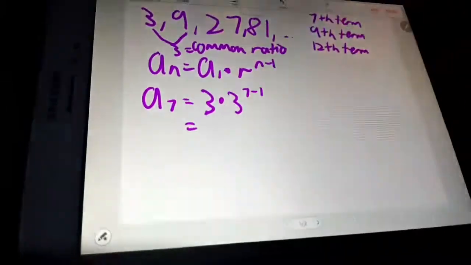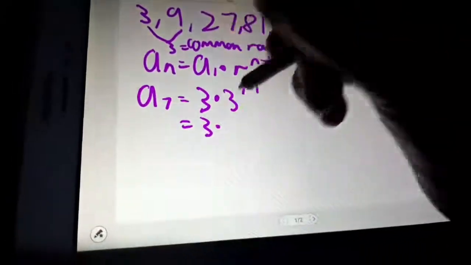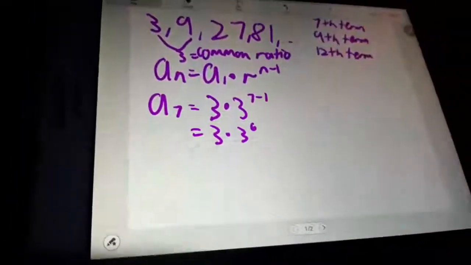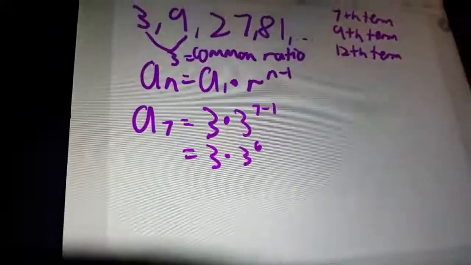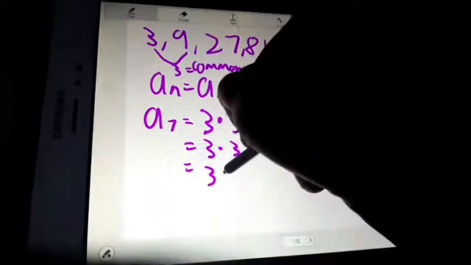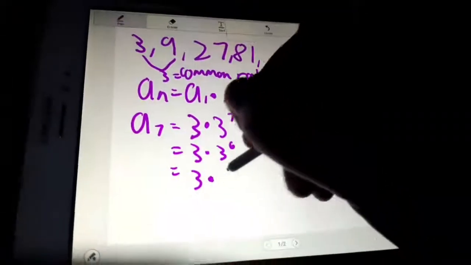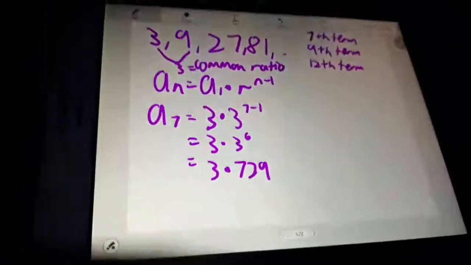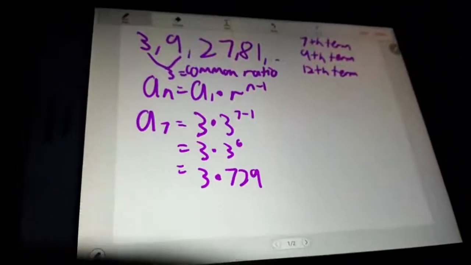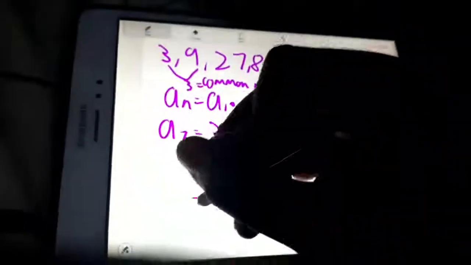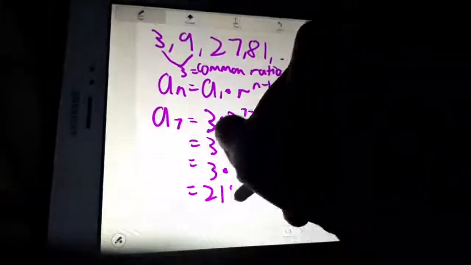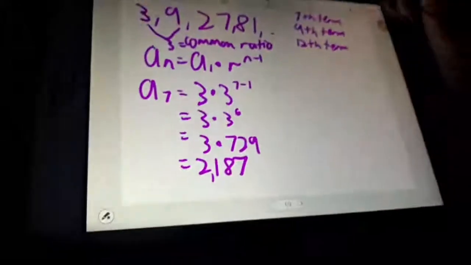So, don't forget to apply the PEMDAS. Which is 3 times 729, and so the final answer is 2,187.